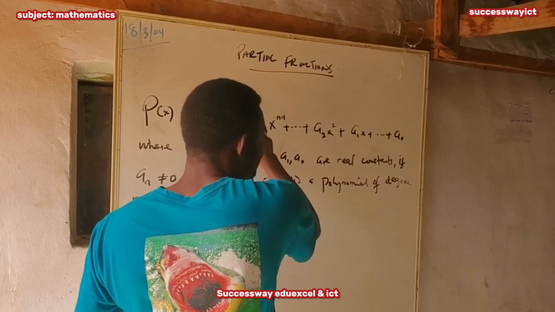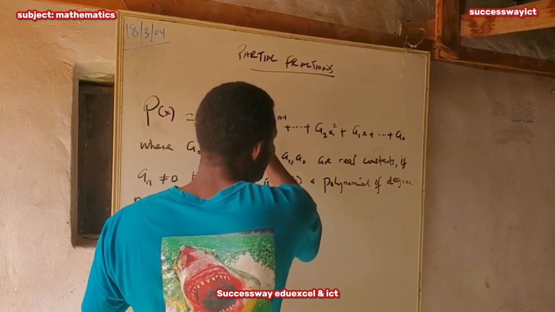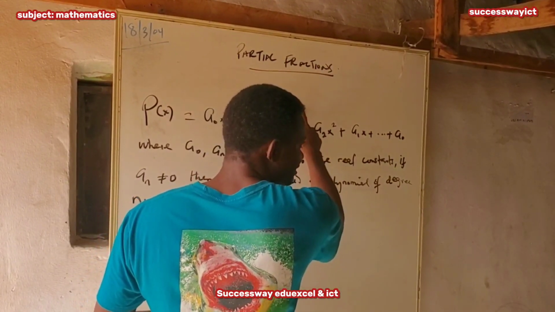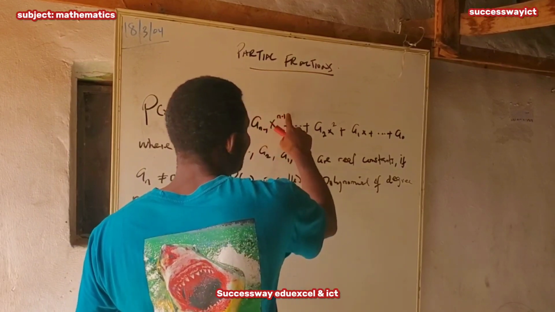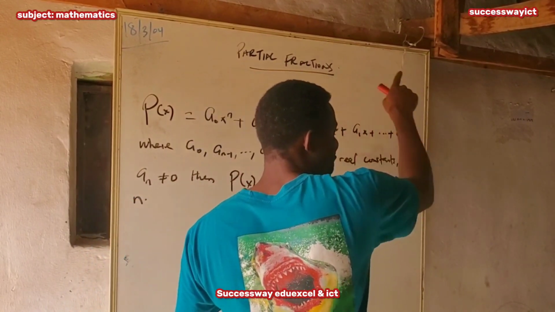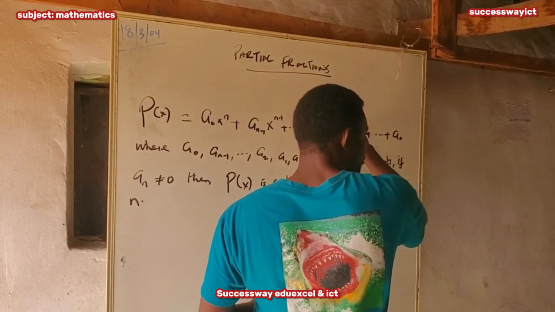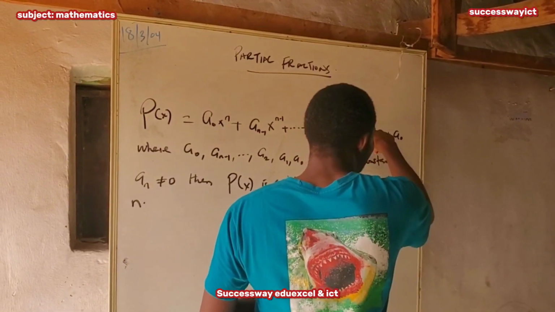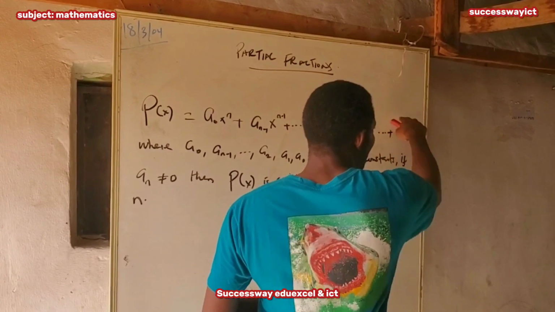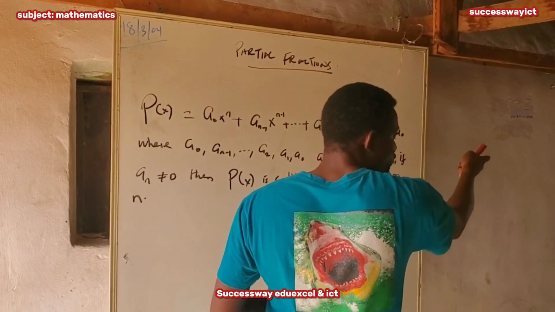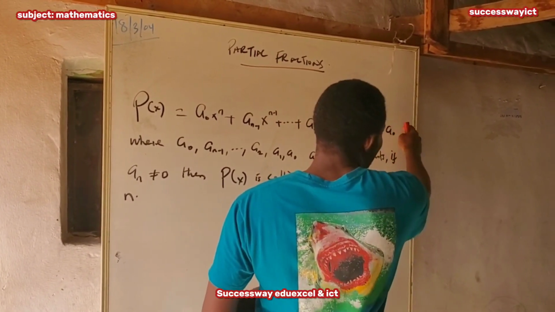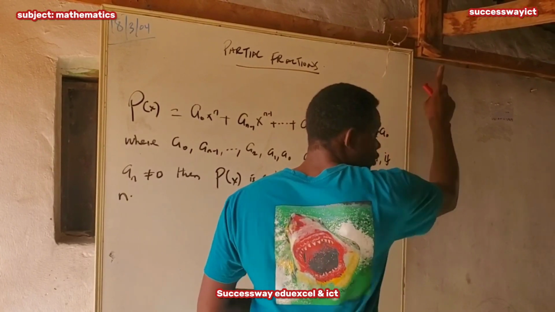This is x to the n. As n is decreasing, you have to power n minus 1, n minus 3, n minus 4, up to power 2, to power 1. That is for the degrees of x, up to power 0. X to power 0 is 1. So you have a naught times x to power 0, which is 1.